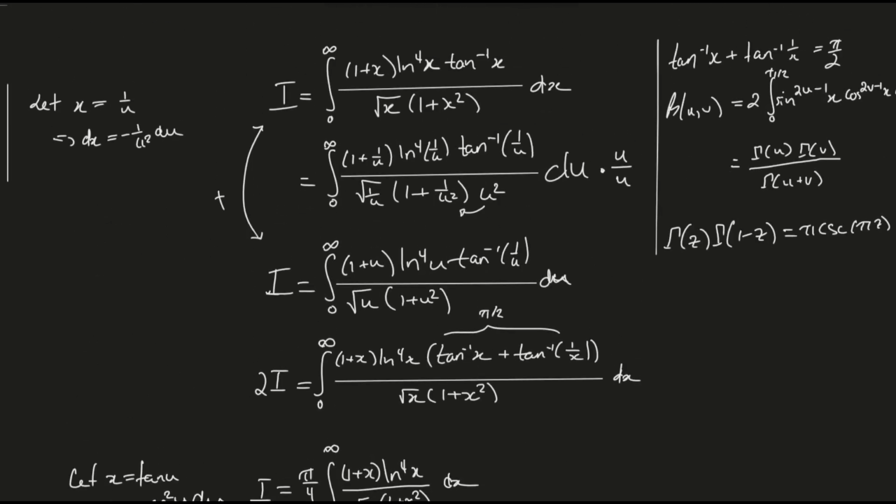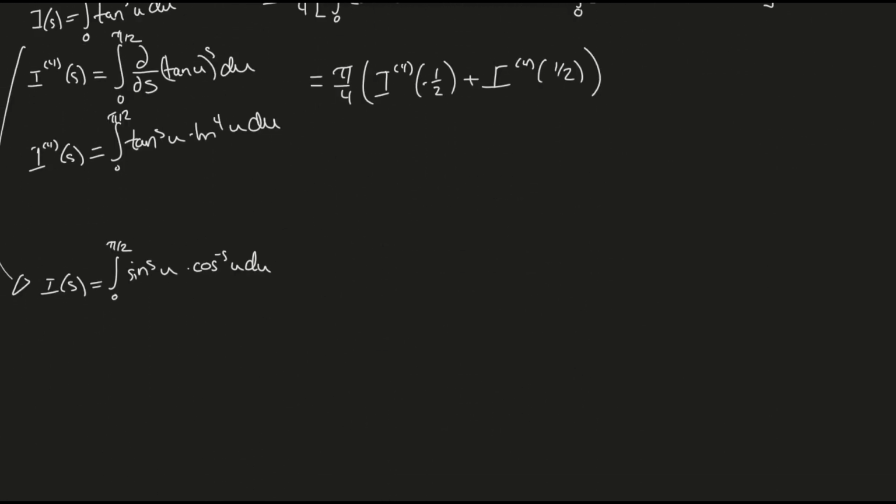If I bring it back up, you can see we had an integral with sine and cosine and the parameters. However, we have twice that integral, so we're going to pick up a factor of 1/2 in there. But that's fine. So this is 1/2 the beta function evaluated at. Normally we would have 2u minus 1, but in our case we have s. So this means that u is equal to s plus 1 by 2.